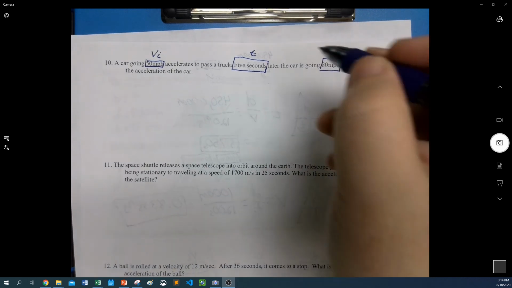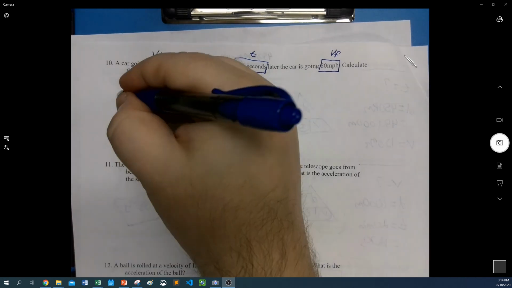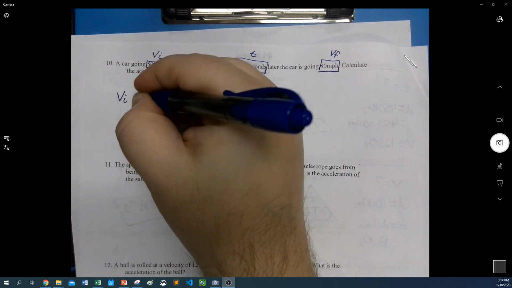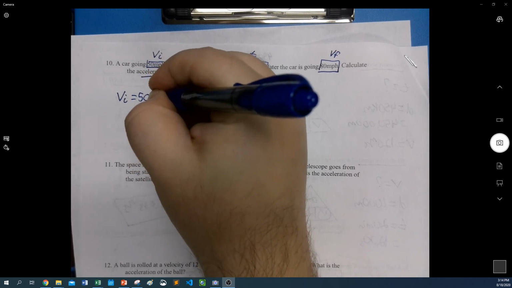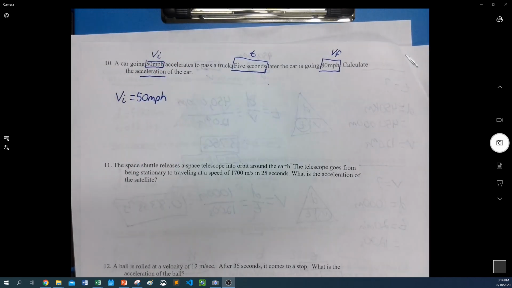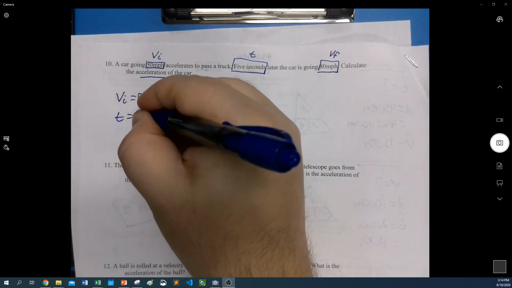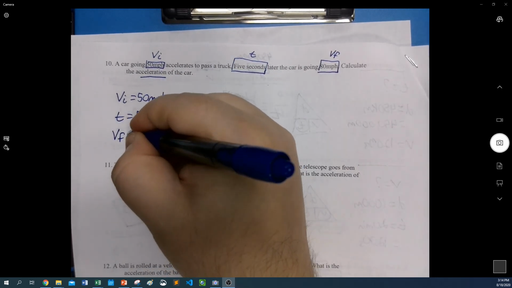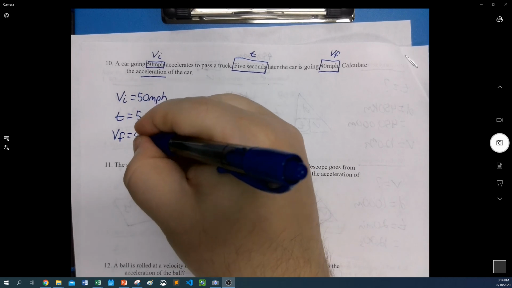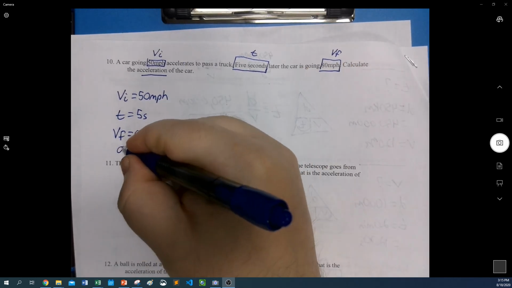Calculate the acceleration. So what is your car initially going at? It's initially going at 50 miles per hour. Your time is 5 seconds. And the final speed is 80 miles per hour. We're looking for acceleration.